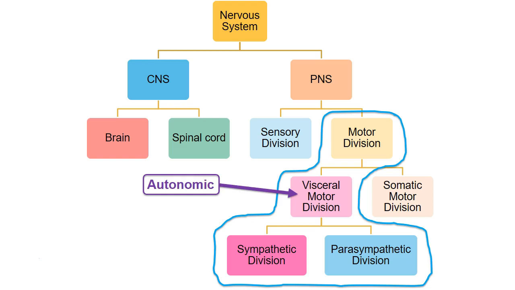So if we have the sensory division, what are some things that belong in the sensory division? What are some sensory division items we put in there for the peripheral nervous system? Eyeballs, ears, hearing, specialized senses like that, where we have specialized organs.